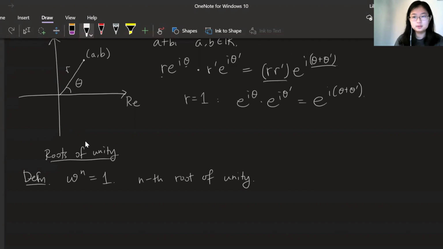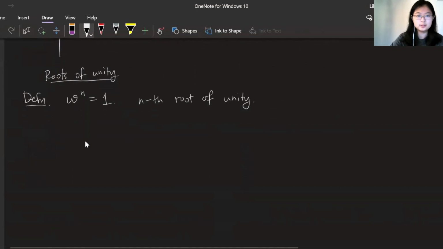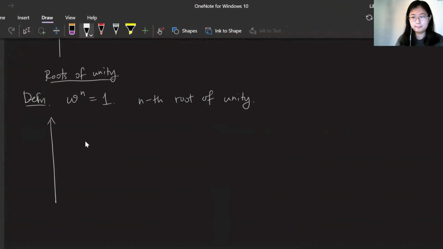Okay, so clearly, 1 is always a solution to this because 1 to the n is always 1. But in general, there are a total of n solutions that satisfy this equation. And on the complex plane, they look like endpoints spread evenly on the unit circle.